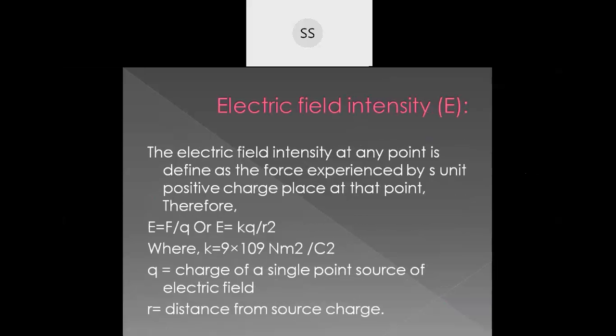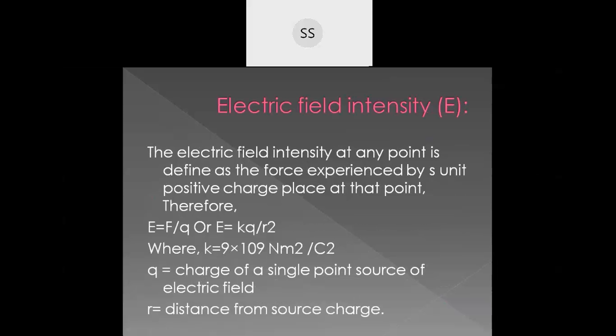Okay, so today's next topic is electric field intensity. Electric field intensity at any point is defined as the force experienced by a unit positive charge placed at that point.